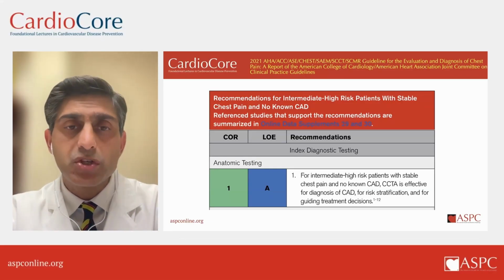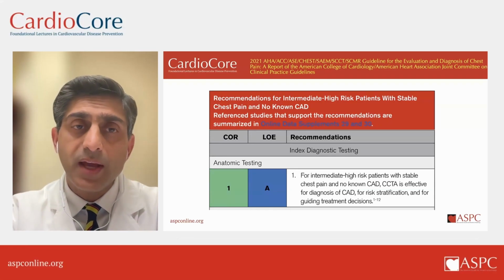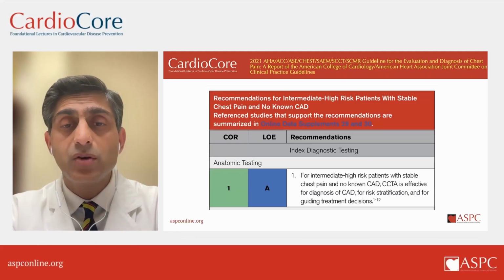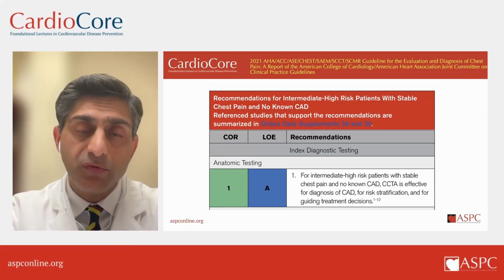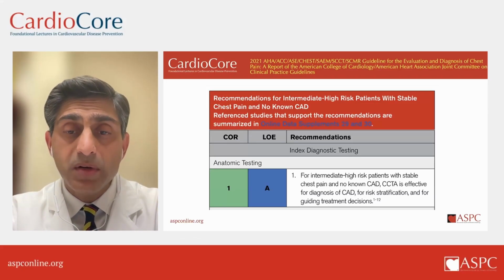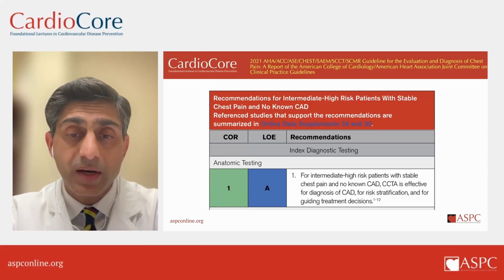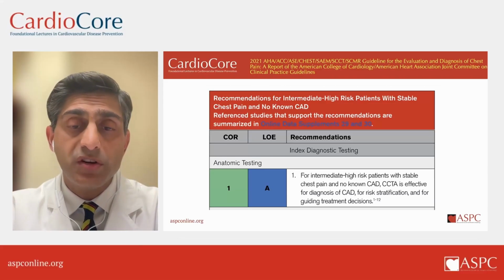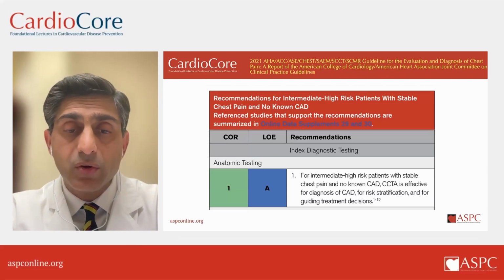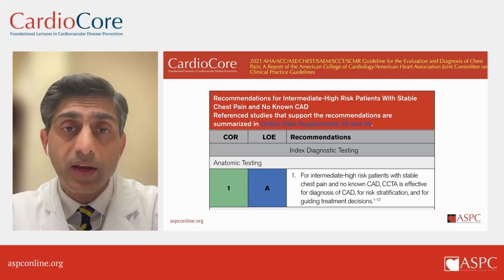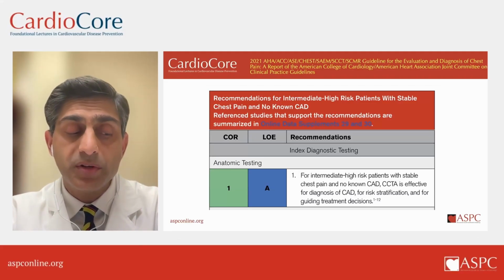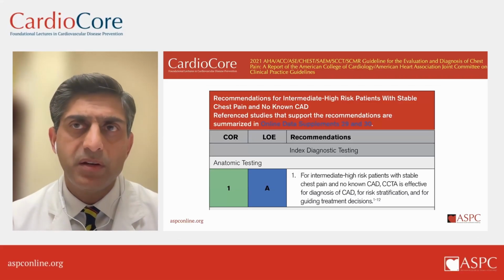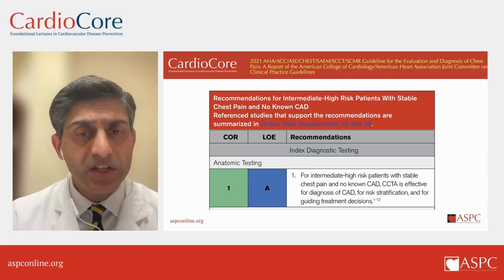I think a lot of that was triggered when the 2021 AHA chest pain guidelines came out talking about a CTA coronary strategy first, especially for example, patients who are intermediate to high risk, who have stable chest pain and no CVD, and knowing the fact that a CTA strategy first is effective for diagnosis, for risk stratification, and more importantly, for further guiding treatment decisions. So I think, CTA, even in my clinical practice, I've been using a lot more of it recently.